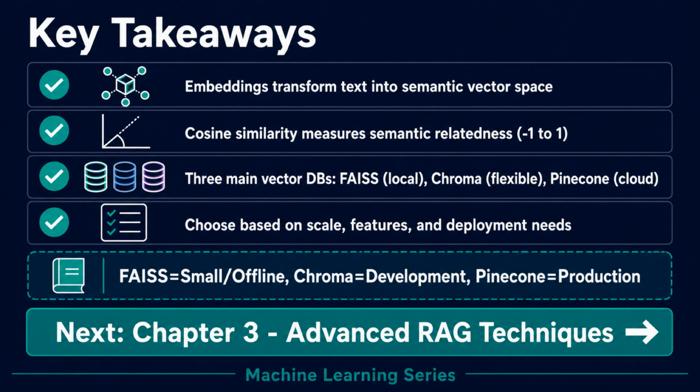Fourth, choose based on your scale requirements, needed features, and deployment preferences. In Chapter 3, we'll explore advanced RAG techniques including query optimization, re-ranking, and hybrid search to significantly improve your RAG system's accuracy.